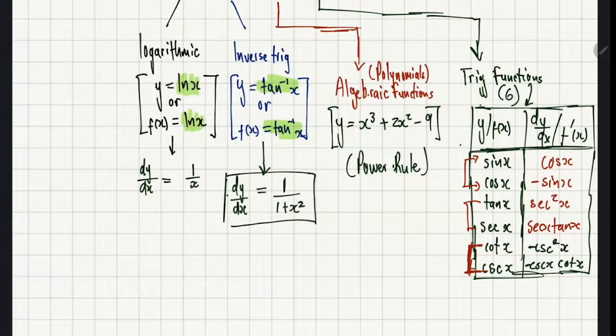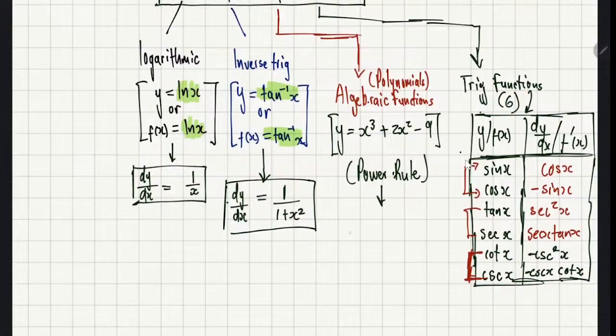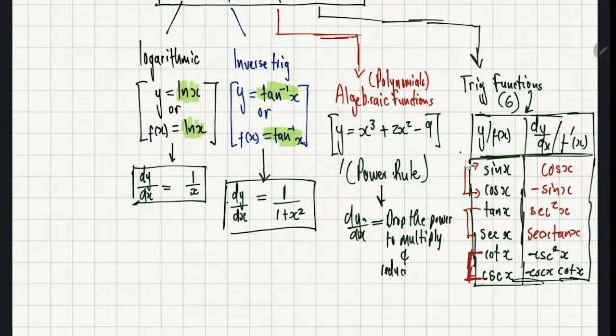For the polynomial, we said you drop the power and you reduce it by 1. So for this one, you say dy dx will be: drop the power to multiply and reduce it by 1.